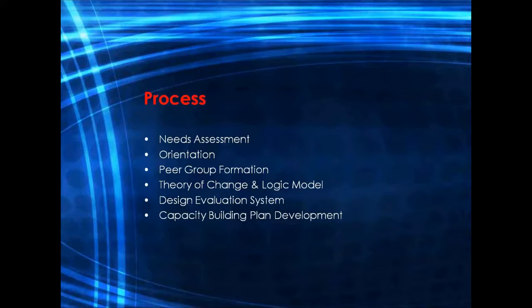Now, the process for capacity building is typically starting off with a needs assessment, followed by an orientation, forming peer groups, developing a theory of change and a logic model, designing evaluation systems, and then capacity building plan development.